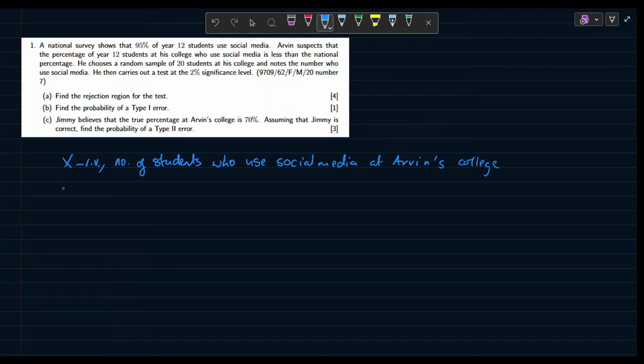So what are our null and alternative hypotheses? H0 would be that the probability is the same as the national percentage, which is 0.95. And then H1, what is Arvin's suspicion? He suspects that this is less, so P is less than 0.95. So our distribution here is that X follows a binomial distribution with n, his sample size, being 20, and p being 0.95.